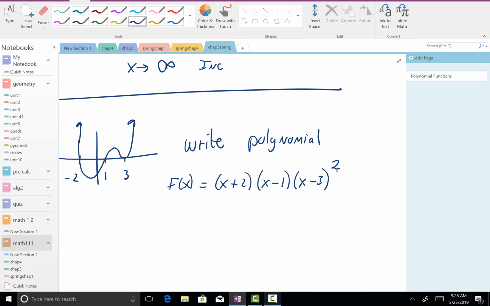Okay? Now, what they might do is they might have some numbers sitting out in front here. Okay? I'm not going to get too worried about that. I guess you could graph this and look to see how close it is to matching this thing. Okay? If it doesn't match it, you could change this.